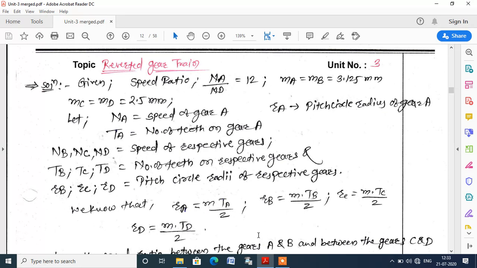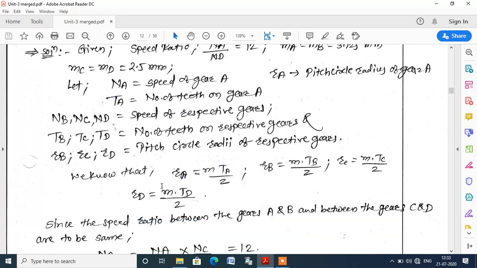Then Tb, Tc, Td are the number of teeth on gears B, C, D respectively. Next, Rb, Rc, Rd are the pitch circle radii of gears B, C, D respectively. Now we know that pitch circle radius is module into number of teeth divided by 2. So Ra is equal to m into Ta by 2, Rb is m into Tb by 2, Rc is m into Tc by 2 and Rd is m into Td by 2.